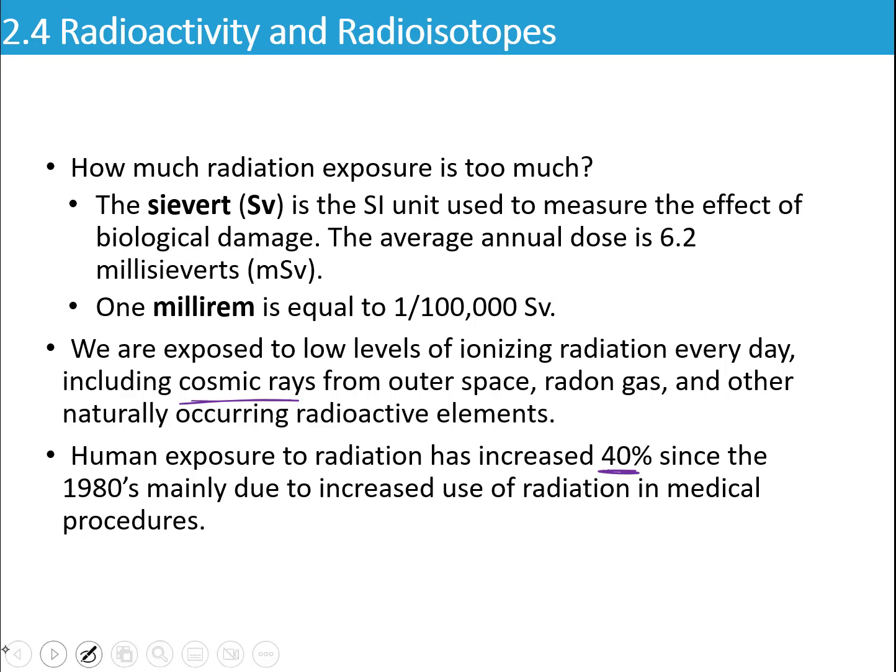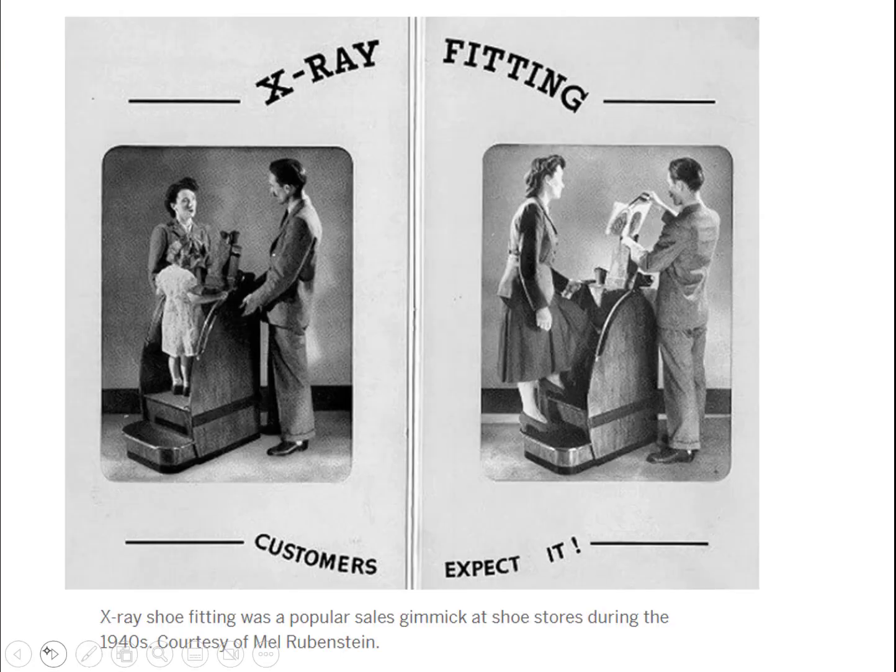So here's one of the crazy things they used to do. This was in the 1940s. Remember I told you 1890s was when they first really discovered radiation, and then they realized they could use these radioactive substances and generate X-rays and expose them to film.